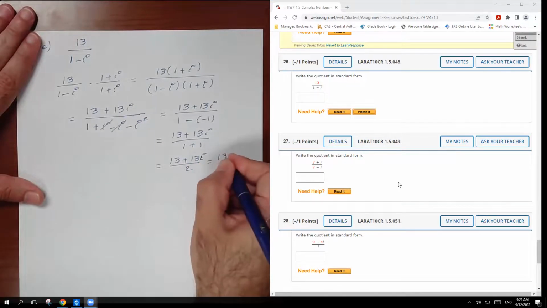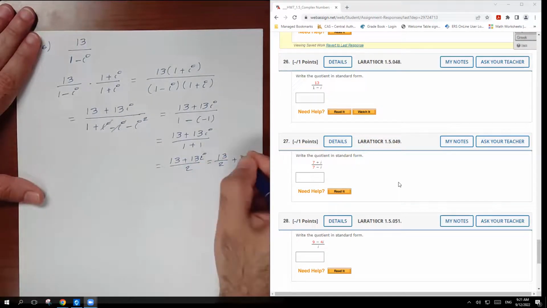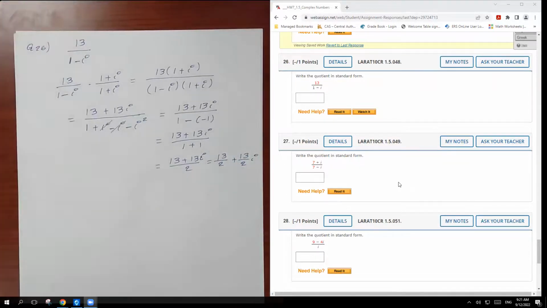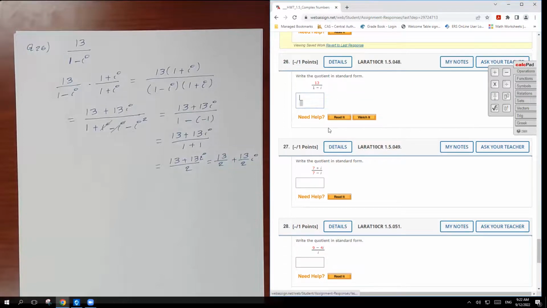And this one is going to be 13 over 2 plus 13 over 2 i. That's it for this example. So we're just going to type 13 over 2 plus 13 over 2 i. 13 over 2, and the i is here. That's it for this example.